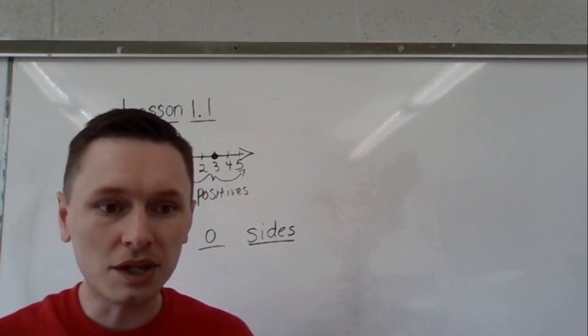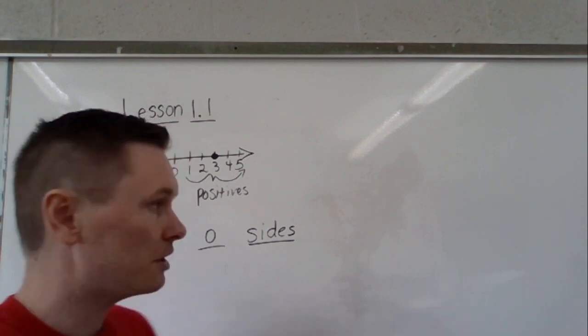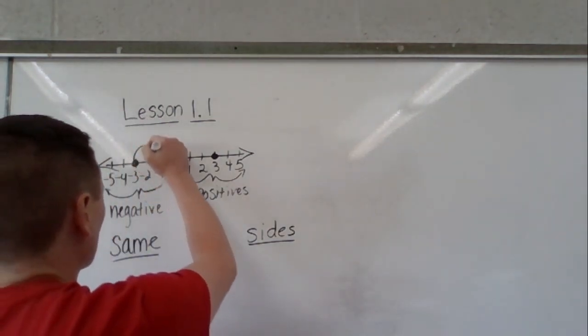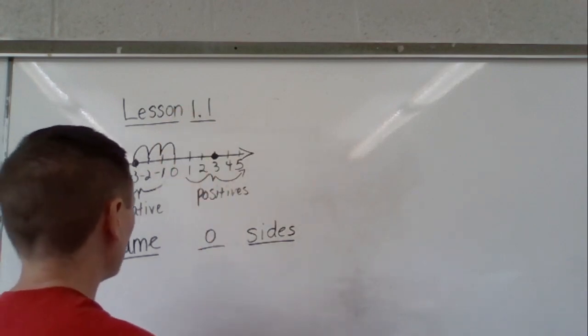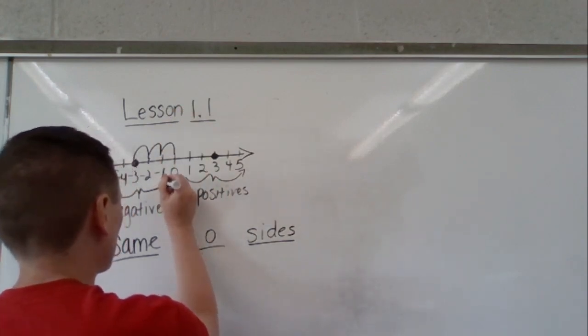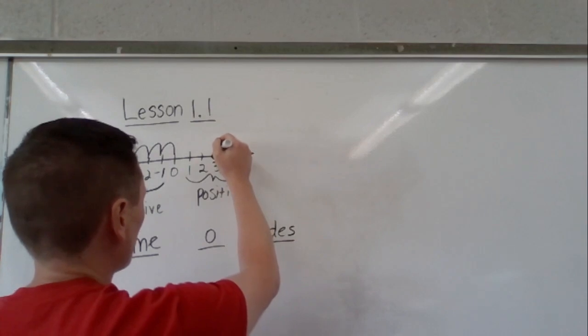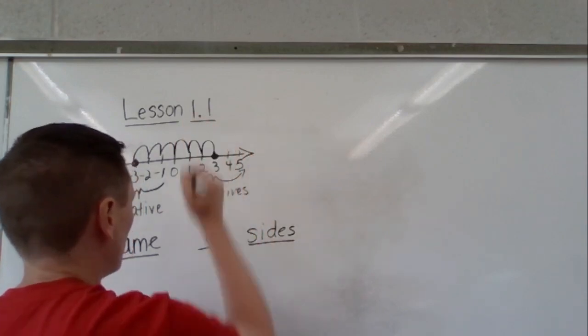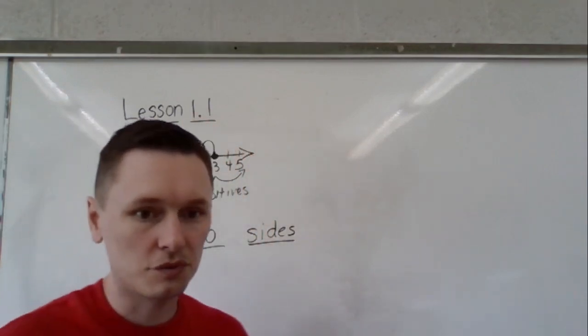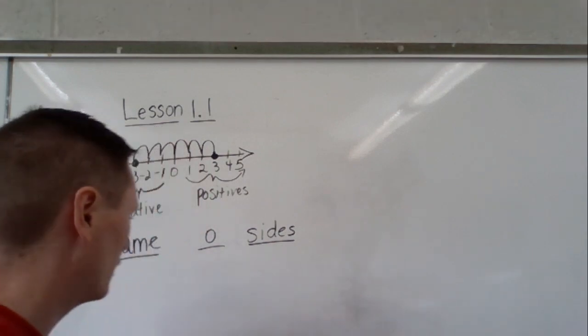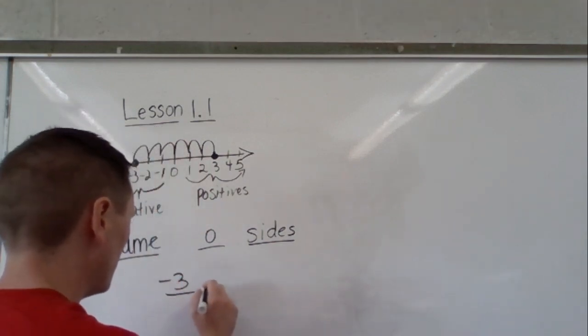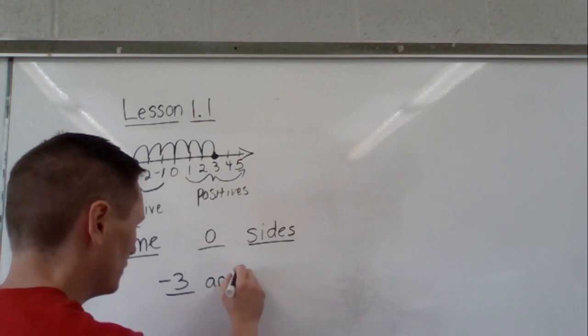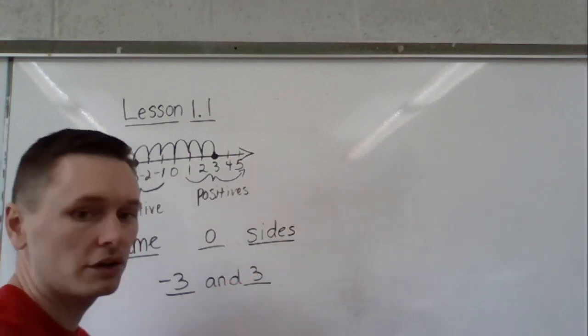And so when we look, -3 is 3 jumps from 0. So that means its distance from 0 is 3. And 3 is 3 jumps from 0. So its distance from 0 is 3. Therefore, -3 and 3 are opposites.